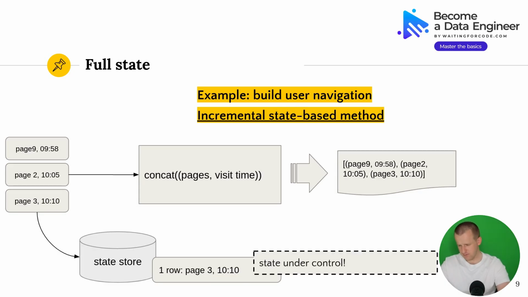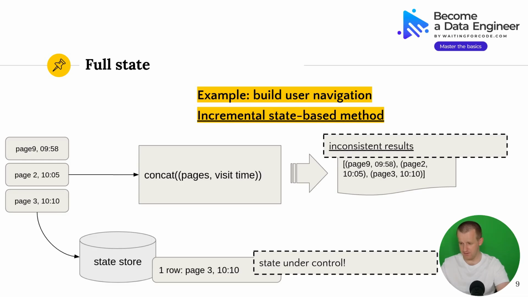So the state is under control again, but there is an inconsistent result.